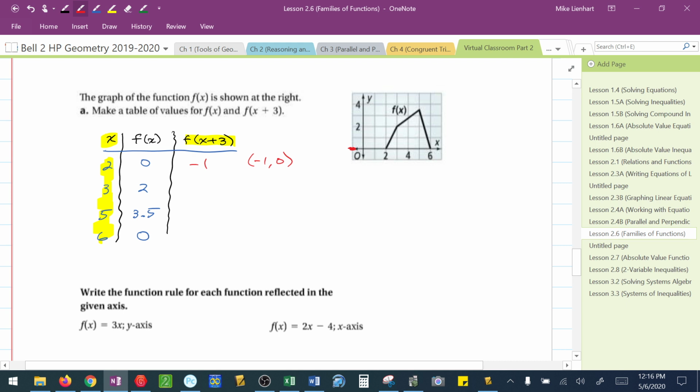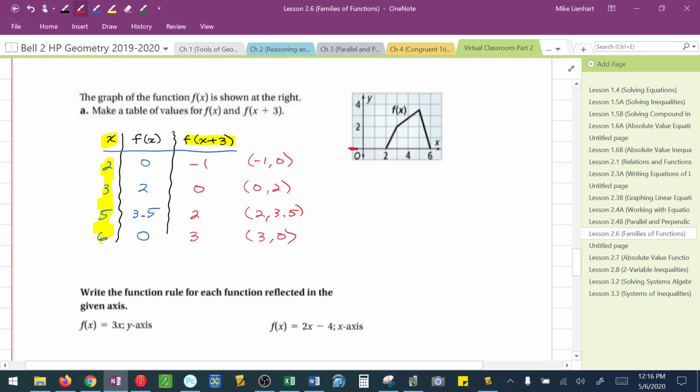All right? So if I go left 3 on this next one, I'm at 0, which would give me the point 0, 2. Left 3 here would put me at 2, gives me the point 2, 3.5. And if I go left 3 from 6, I'm at 3, or I have the point 3, 0.